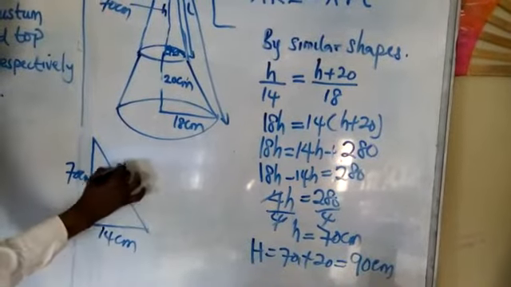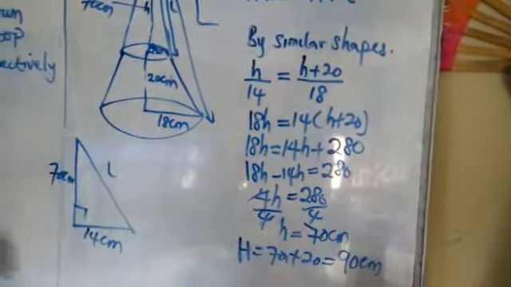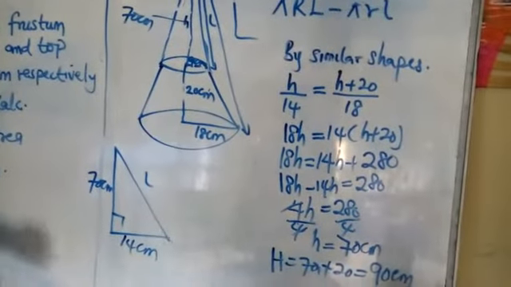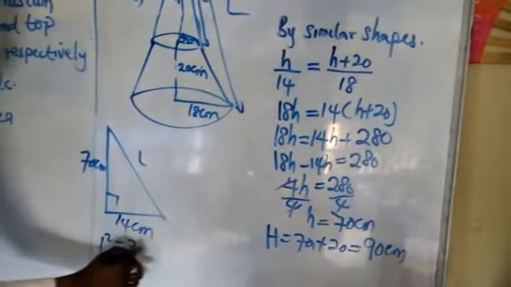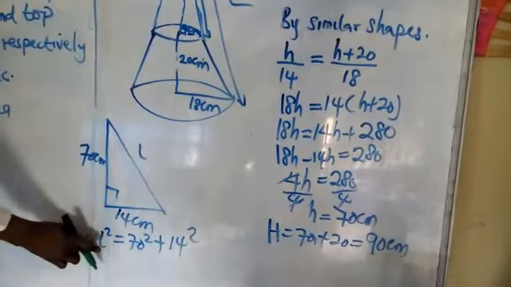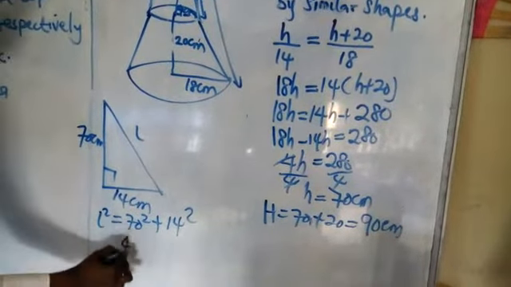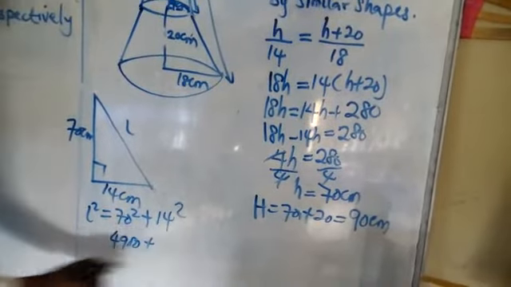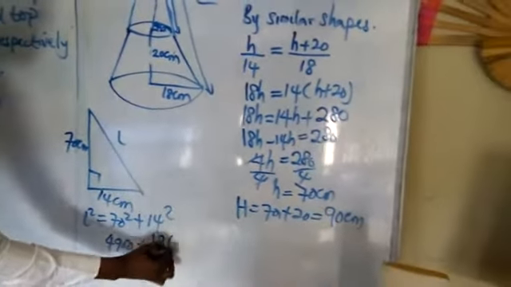That means I need to get small l. So using Pythagoras theorem, l squared equals 70 squared plus 14 squared. Are you following, class? 70 squared will give us 4,900. 14 squared will give us 196.